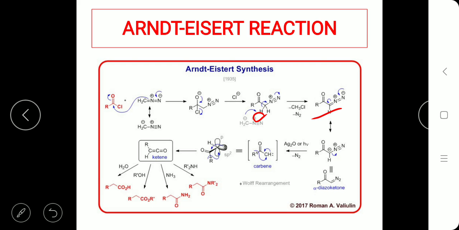The next step would be this N minus is going to come back and form a triple bond, and then again with the continuous movement of the electrons, the double bond between carbon and nitrogen is again going to give rise to a negative charge on the carbon, to give a carbanion. At this point there can be a rearrangement or movement of this double bond towards the nitrogen to give rise to an alpha diazoketone. So this is one of the reactions to give rise to the alpha diazoketone.